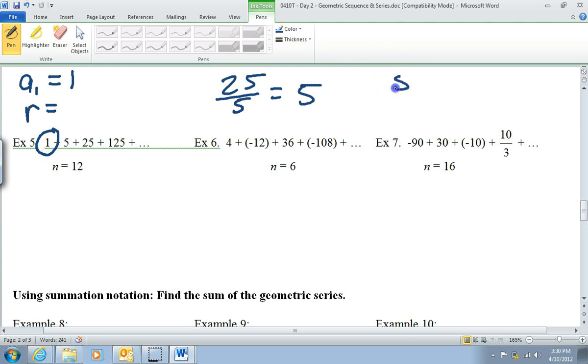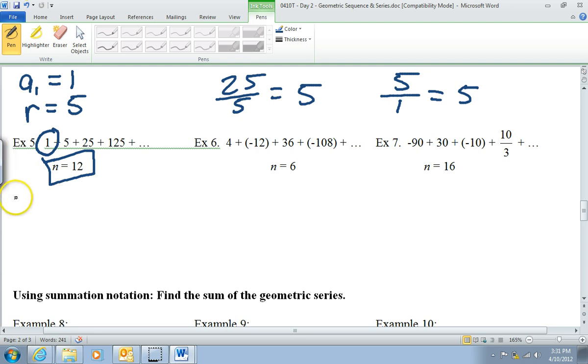Or even more simple, we could just do 5 divided by 1 using the first 2 terms. Either way, r is 5. So we have a1, we have r, and we have n, don't we? Because here's n right here, 12 terms. So we'll just plug all those into the formula and use your calculator. If you know the formula, it's simple.